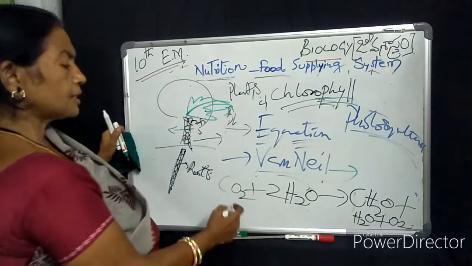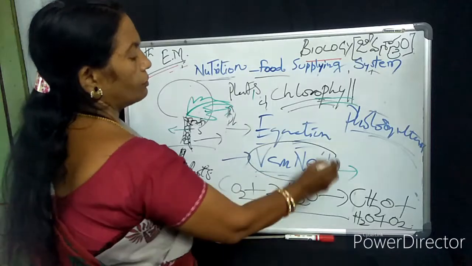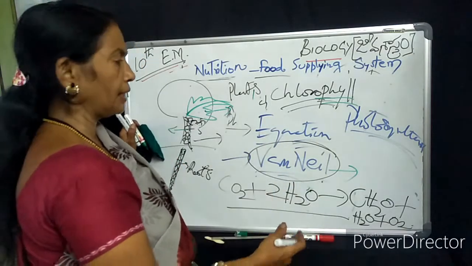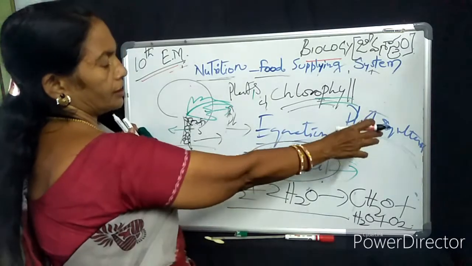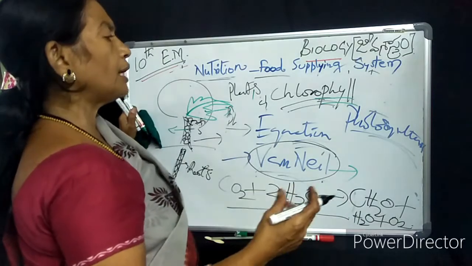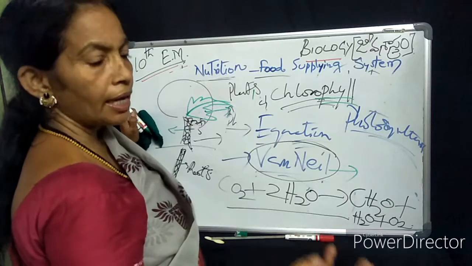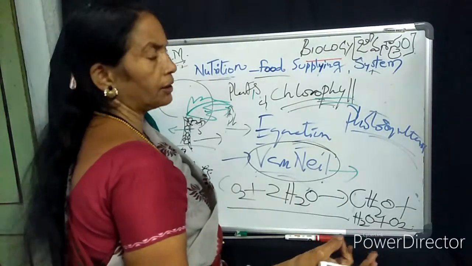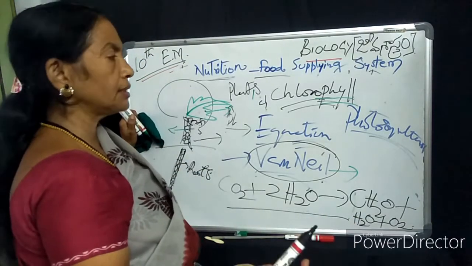So this equation is proposed by the great scientist Van Neal. First he predicted and gave an equation for photosynthesis. In words: in photosynthesis sunlight is needed, first factor; chlorophyll is needed, second factor; third factor, water is needed; and carbon dioxide is needed.